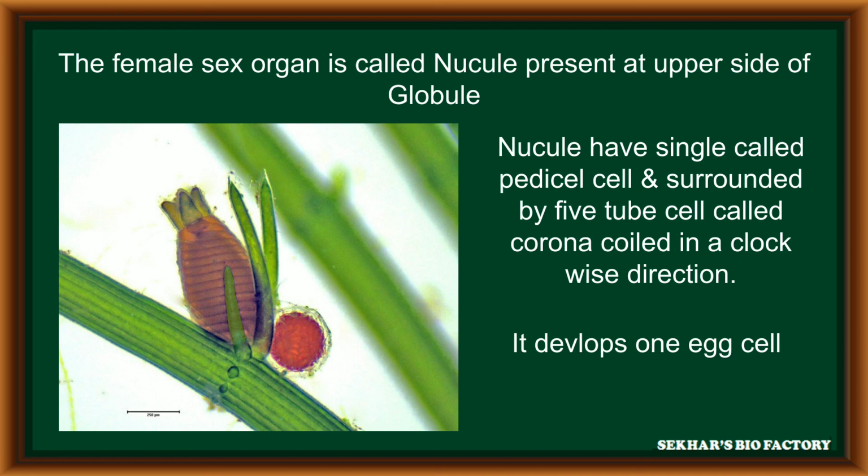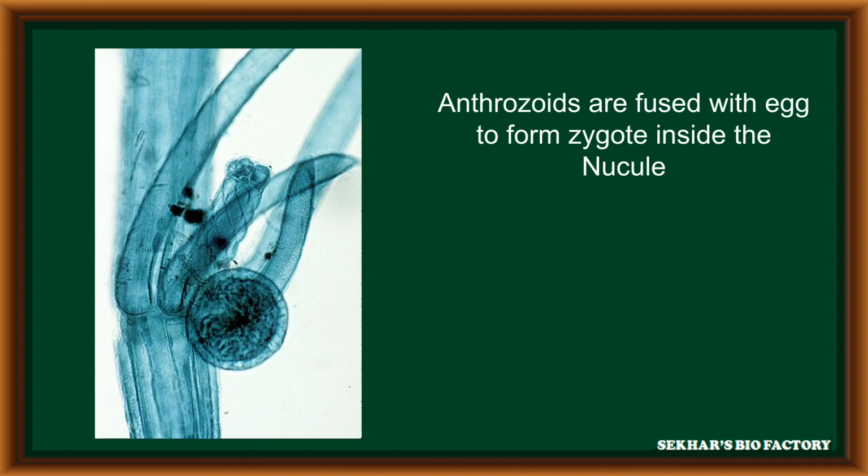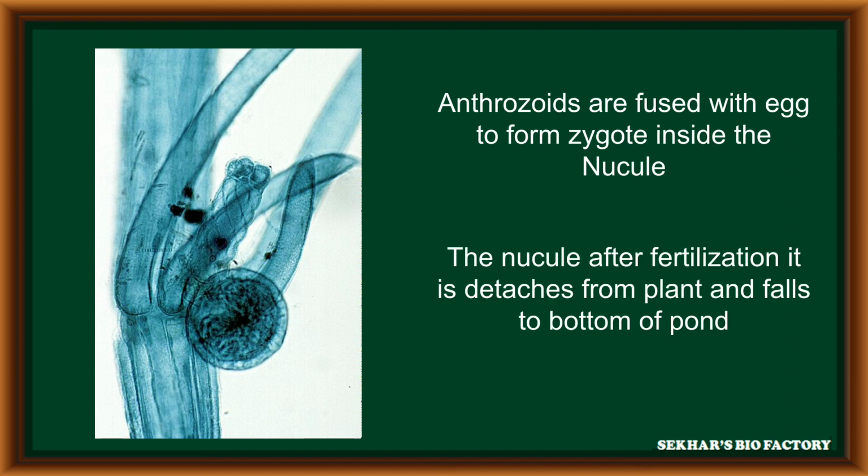In this nucule, one single egg cell develops. The antherozoids fuse with the egg cell to form a zygote. The fusion of these gametes takes place inside the female reproductive organ. After fertilization, the nucule detaches from the plant and falls to the bottom of the pond.